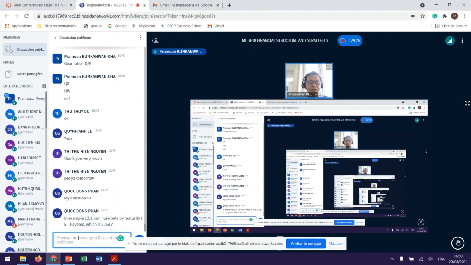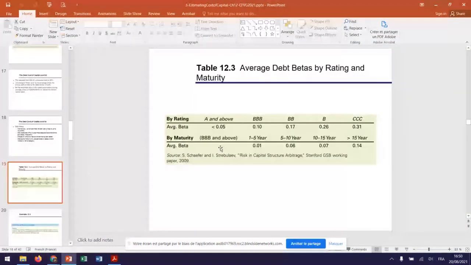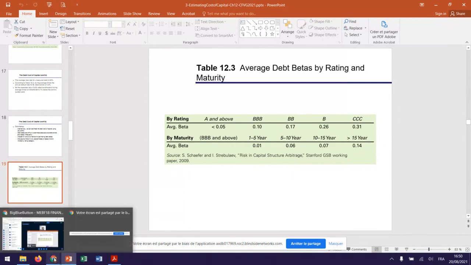You cannot apply 0.06, because the maturity I have is only based on triple B bond and above. Double B bond is below triple B. So by maturity, this table cannot apply for our exercise.